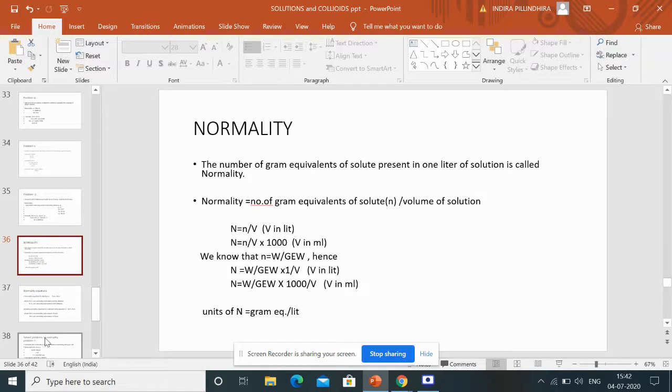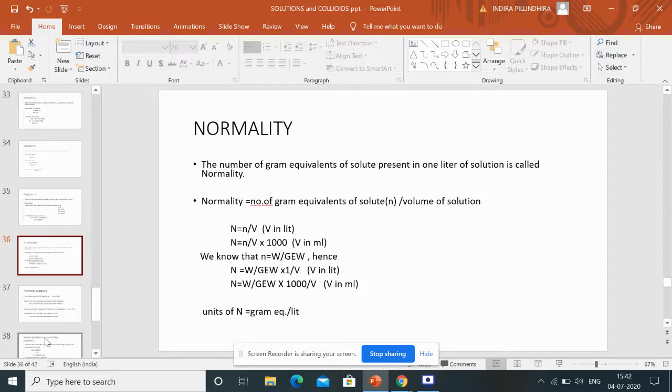In the previous slides we have seen how the equivalent weight of acids, bases and salts are calculated. For acid, the equivalent weight is molecular weight by basicity, that is the number of replaceable H plus ions, for base it is molecular weight by acidity, that is the number of OH minus ions, and for salt it is gram molecular weight by total charge of the cation and the anion.